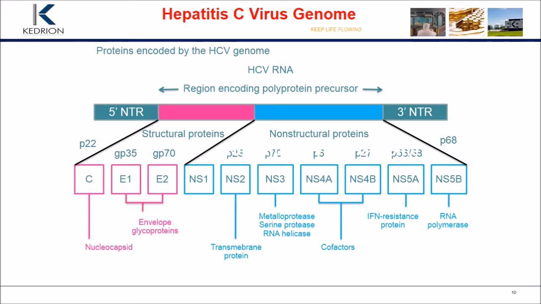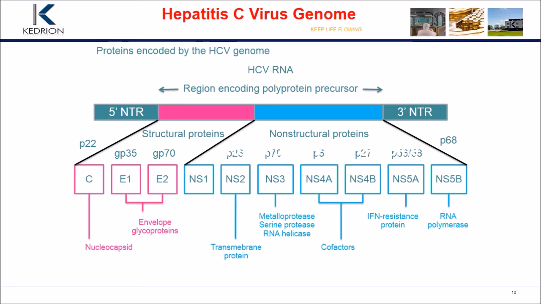Now, what happened? In the intervening period, the hepatitis C antibody test was introduced. This is the structure of the genome of the virus and the various proteins which are expressed. And you know that we had various generations of testing.